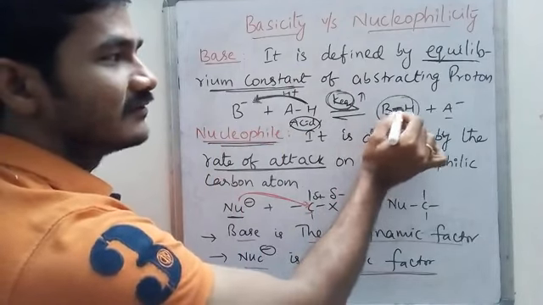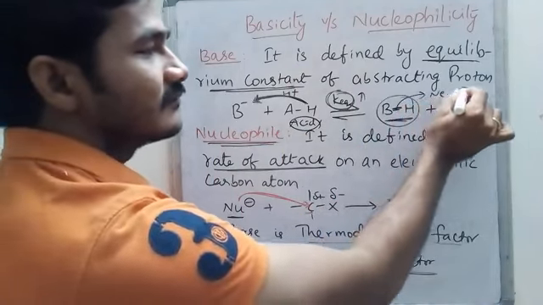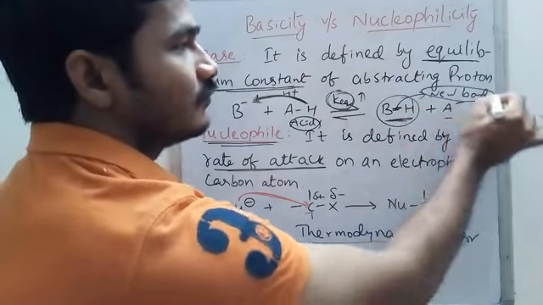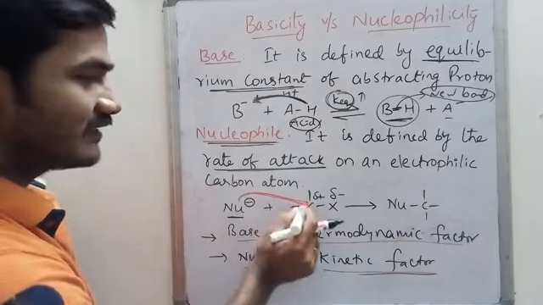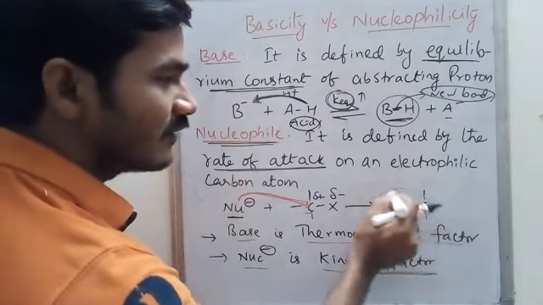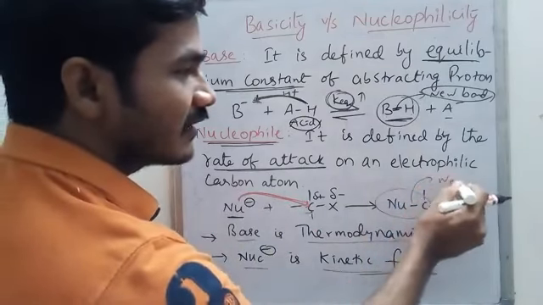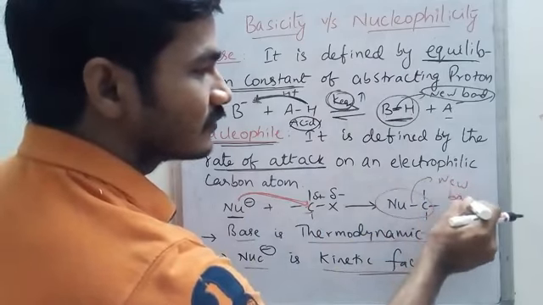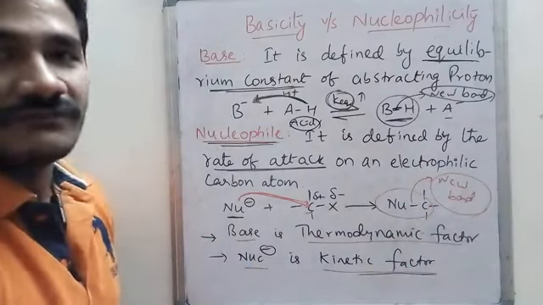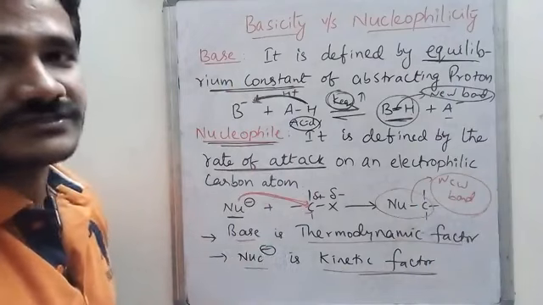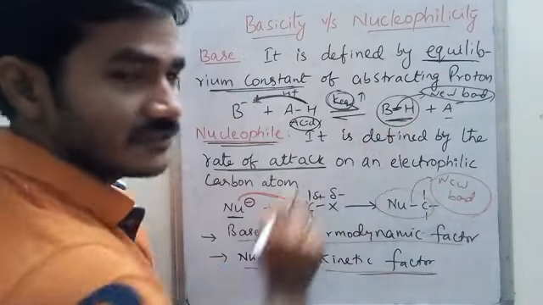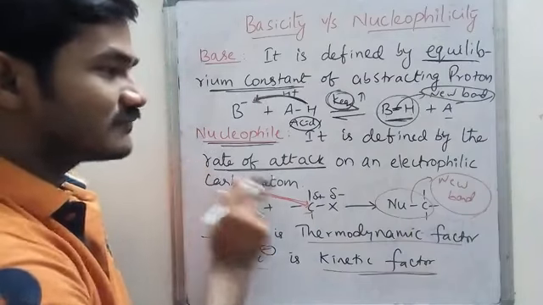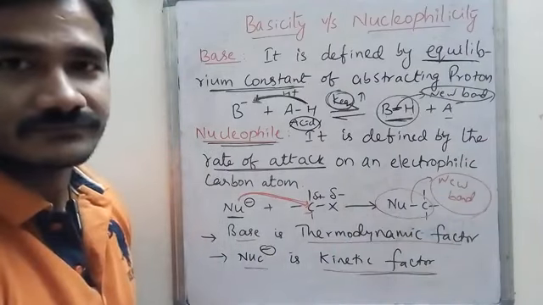Here also, when the nucleophile attacks, there is a new bond between nucleophile and carbon. We can see a new bond in both cases, but the difference is that the base forms a new bond with hydrogen, and the nucleophile forms a new bond with carbon.